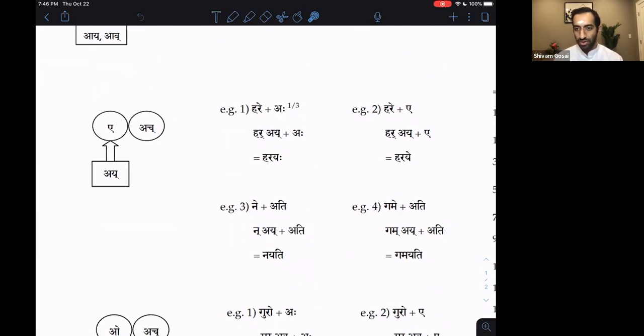To make someone do. So gam plus e becomes game. So to make someone go. So gamayati, to make someone go. Because it could be seventh case, right? Like rame. Yeah, so game could be 7-1, yes.